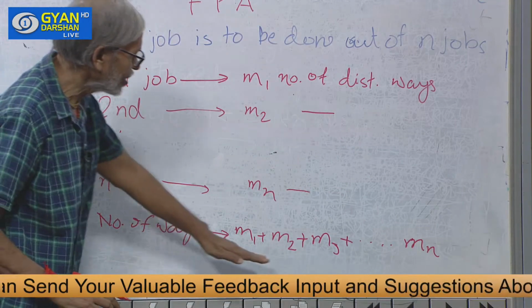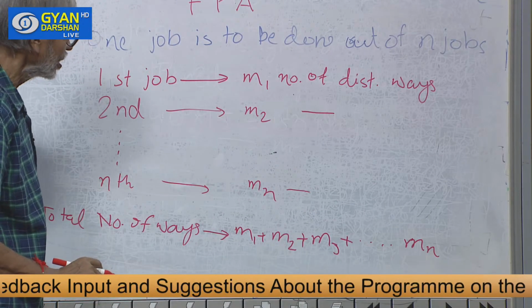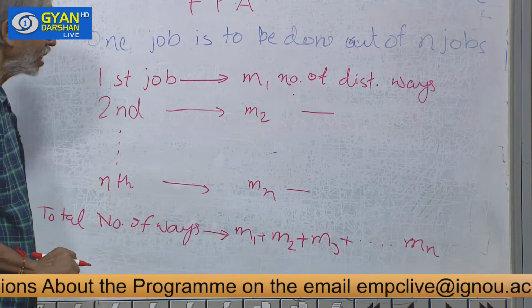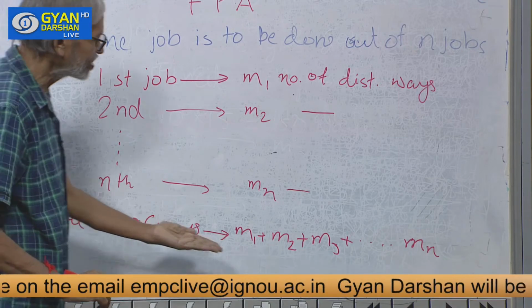You just add all the distinct ways in which the n jobs can be done, and one job is to be completed, then its sum will be the answer.